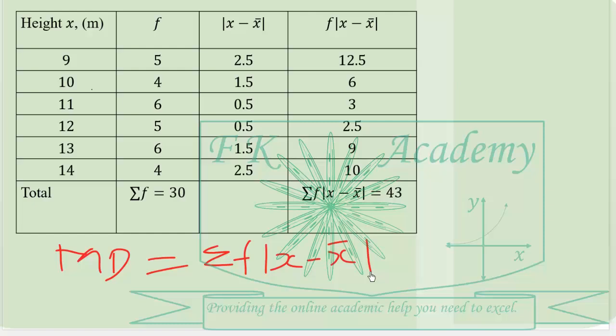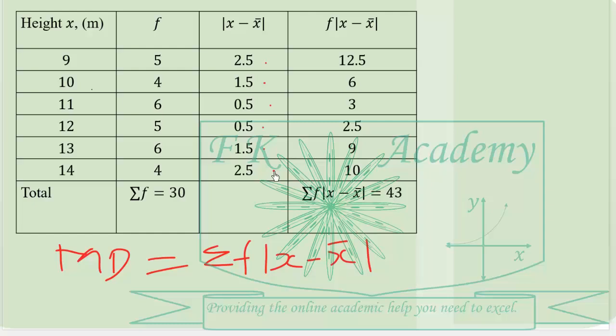So what is the distance of 9 from 11.5? Is 2.5. What is the distance of 10 from 11.5? Is 1.5. What is the distance of 11 from 11.5? 0.5. What is the distance of 12 from 11.5? 0.5. What is the distance of 13 from 11.5 up to 14, which is 2.5?